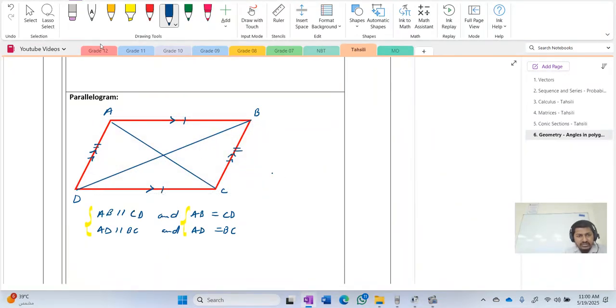So far we have 2 properties, property 1 and property 2. Property 1 is opposite sides are parallel in a parallelogram. Property 2 is opposite sides are equal, both pairs. Now there's a common midpoint here, so what we can say is AM equals MC. Third property are diagonal properties, so AM is equal to MC. In other words, M is the midpoint of line AC, right?